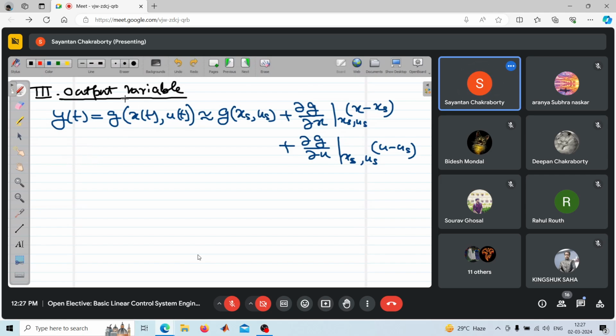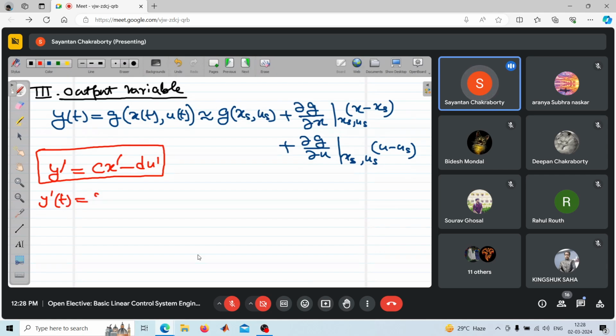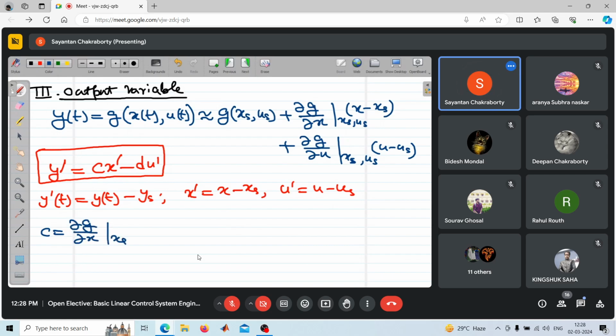Or simply you can write y dash is equal to cx dash plus du dash, where y dash is equal to, just to make sure it's a time varying function, yt minus ys, and x dash is equal to x minus xs, u dash is u minus us, and c is equal to del g del x, and d is equal to del g del u.